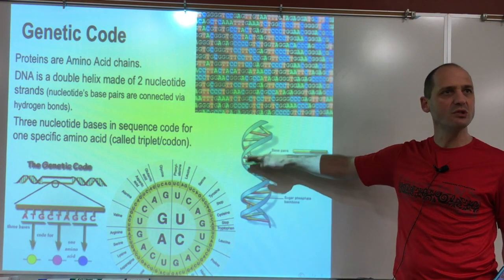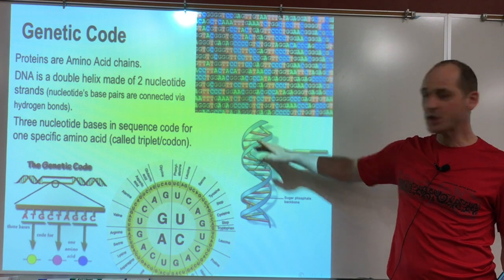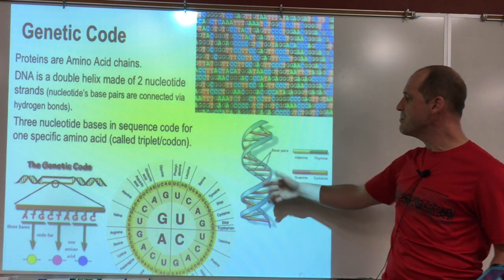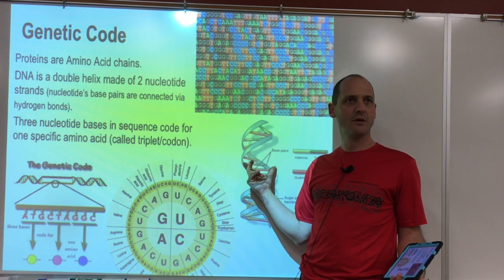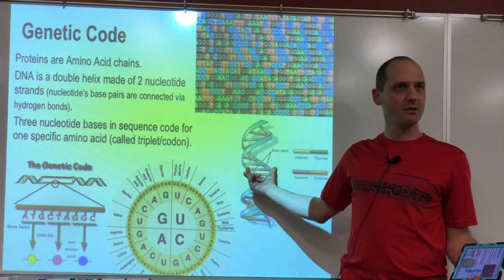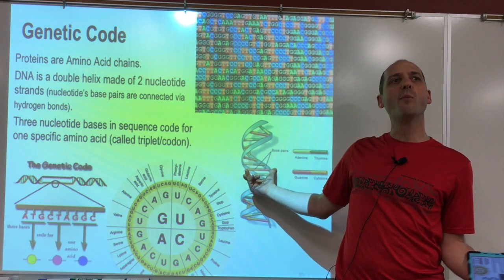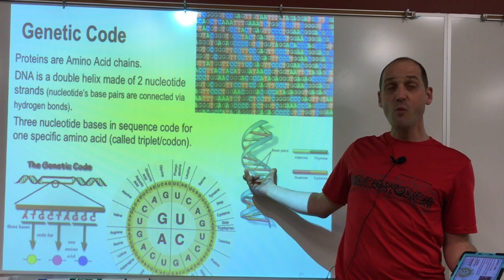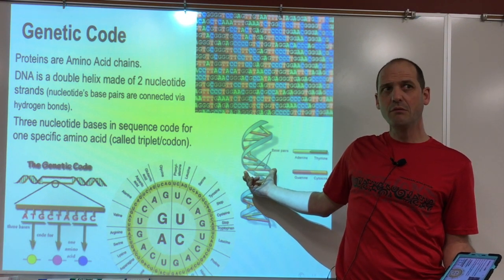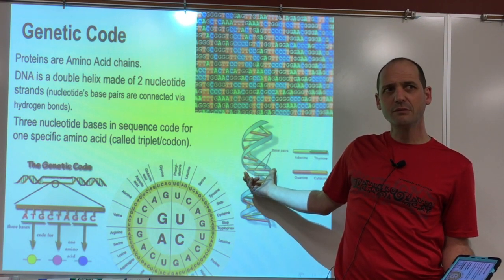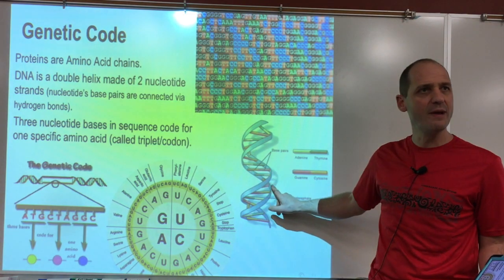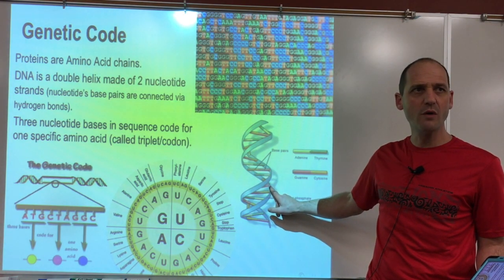It's the same sequence of nucleotides because they're all complementary. So we don't need both strands to read. They're copies. So we only need one copy to make the protein. Hopefully it's the not damaged copy. That'd be nice. We only need one single one.